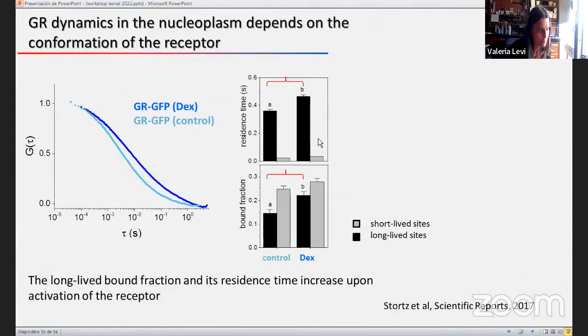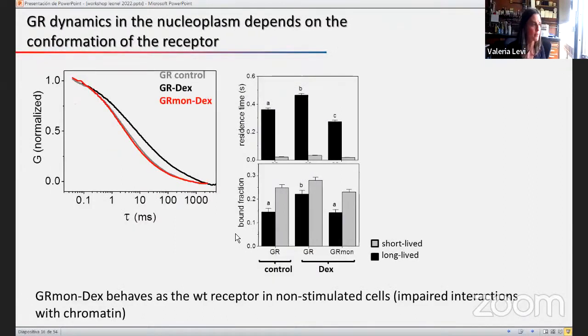So for example, in the case of the GR, here are the same curves I showed you before. And when you analyze the data, you can see that after stimulating the cells, both the residence time and the bound fraction increase, indicating that the stimulation of the receptor promotes the binding of the receptor to a target site and for a longer period of time.